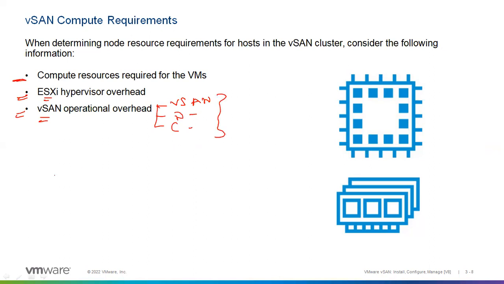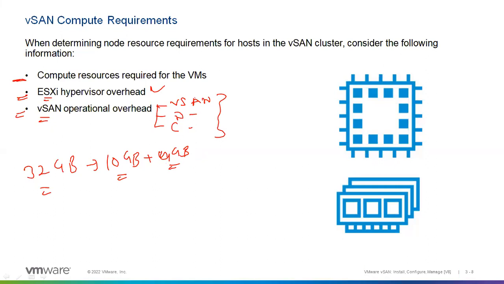As a quick example, you took 32 GB as the minimum recommended memory, and out of that 10 GB is required for the hypervisor itself, and approximately 4 GB, just an assumption, for the vSAN overhead.